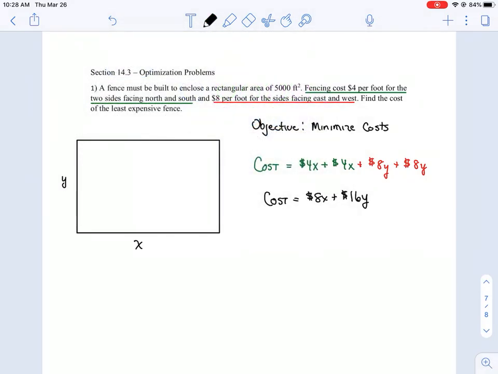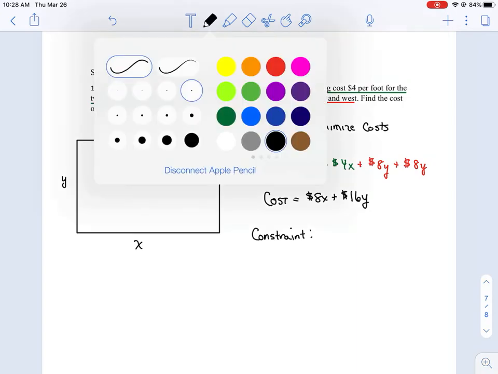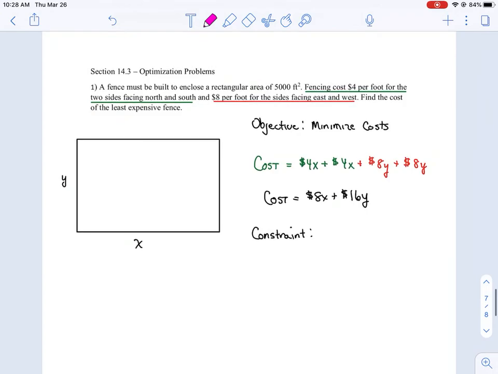Okay, now this function has two variables in it. It has an x and a y, and we would like to write a cost function that has just an x in it. So now we're going to take what we call the constraint and use that to replace this y.